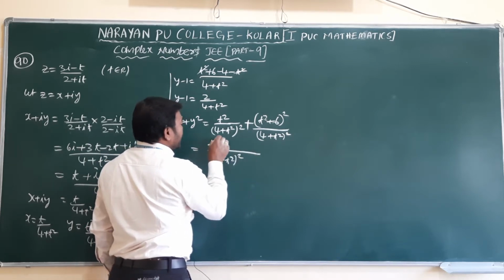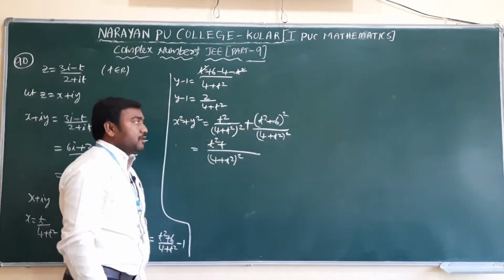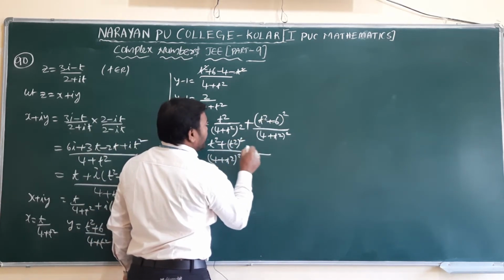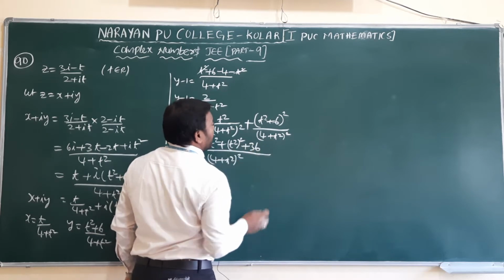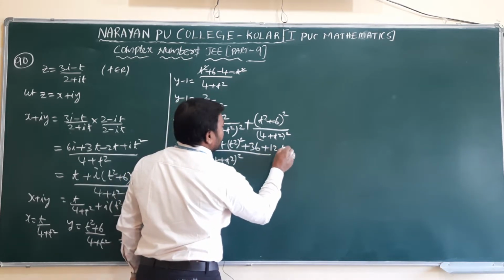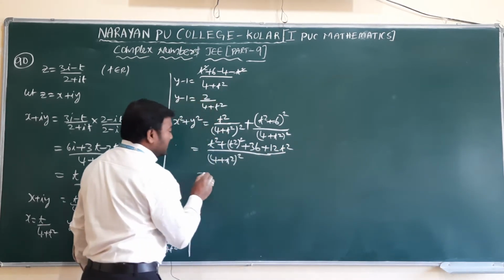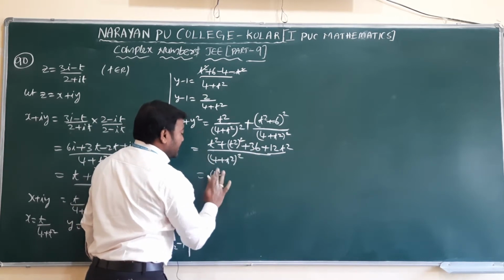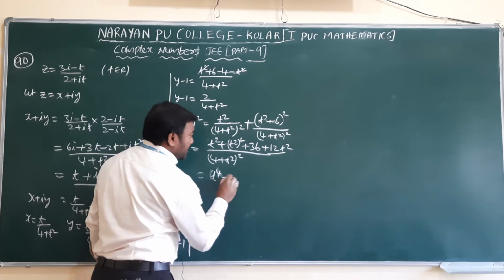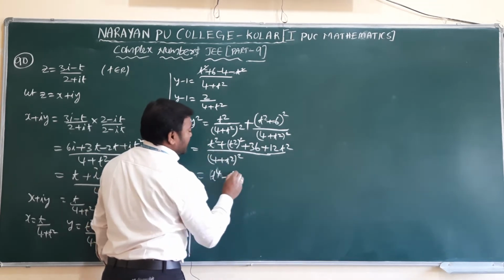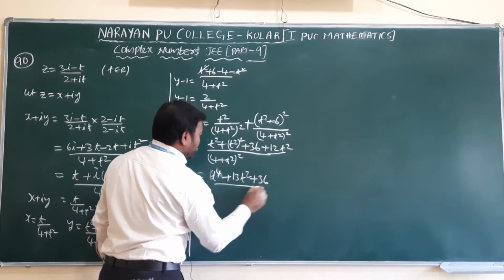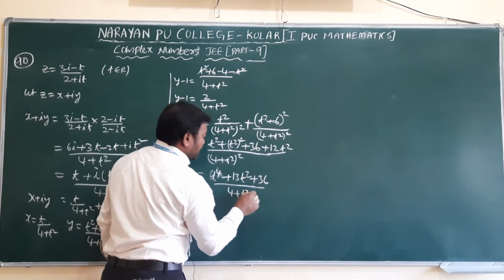So t square, it is the form of a plus b whole square. So t power 4 we have, t square whole square plus 36 plus 12t square. So t power 4 plus t square plus 12t square, 13t square plus 36 divided by 4 plus t square whole square.